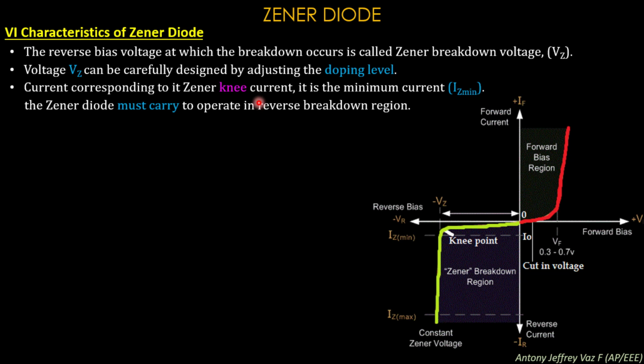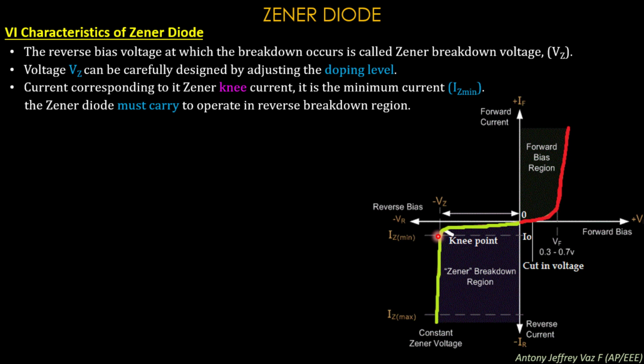Next is the Zener knee current. It is the minimum current, Iz minimum, the Zener diode must carry to operate in the reverse breakdown region.